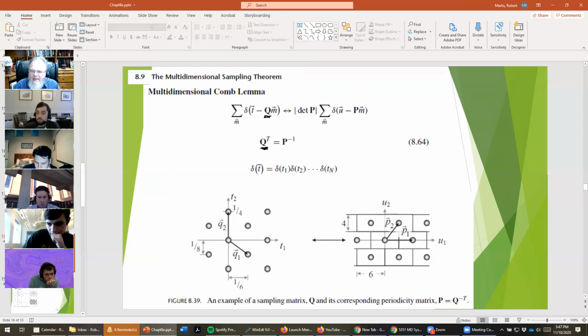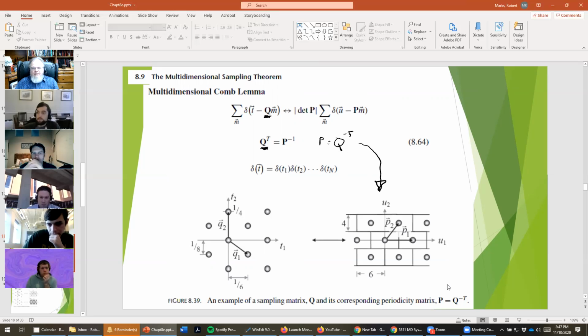Then we're going to generate P, which is Q inverse transpose. And this P is going to correspond to another set of delta functions here. Do you remember in one dimension a comb Fourier transformed into a comb, right?